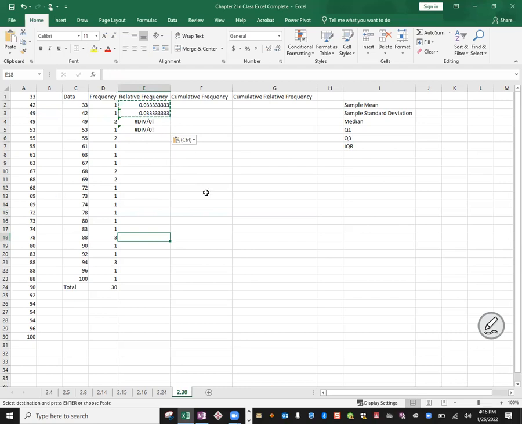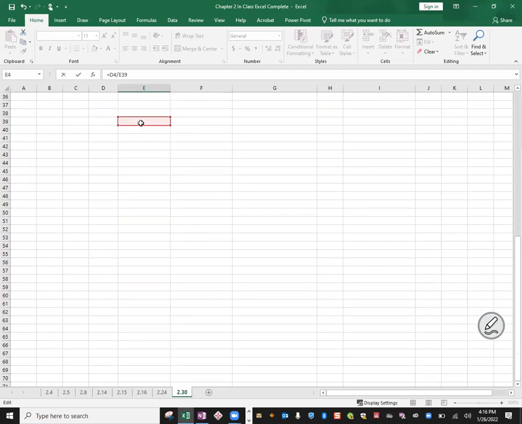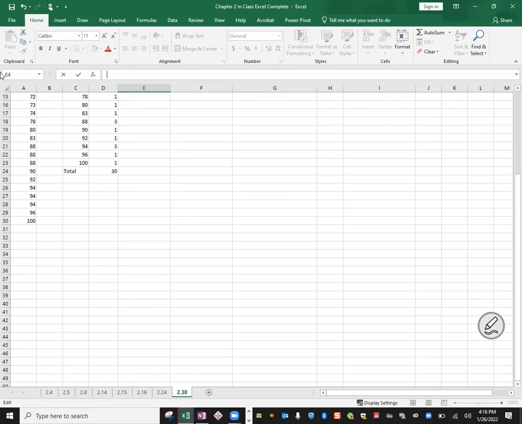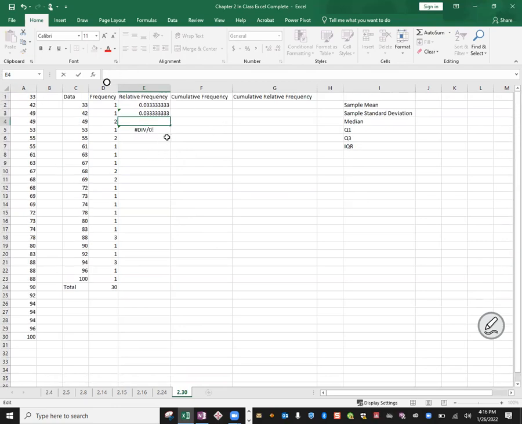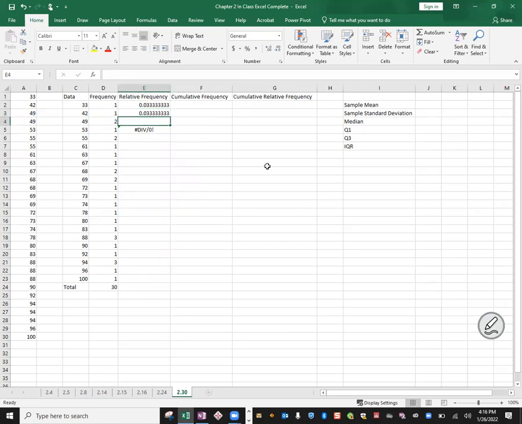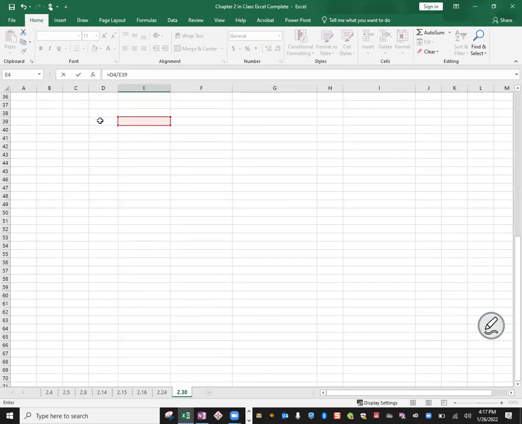Let's see, we don't want that. It is trying to divide by a different cell every time, so let me just change this to 30. All right, I'm going to change this formula here. Here I'm going to do equals, and I'm going to use my frequency, but since I know the total is 30, I'm going to divide by 30 so that I can copy and paste.